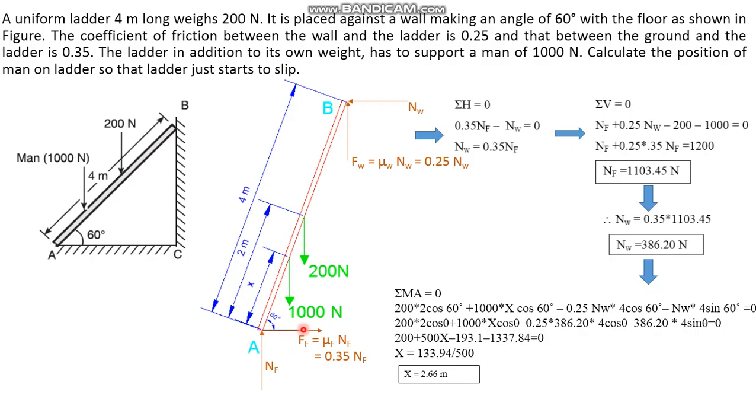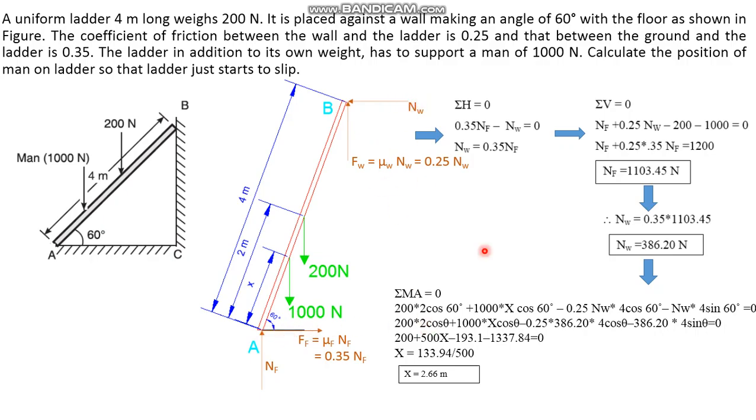This distance is 2 cos 60, since the ladder half-length is 2 meter. It produces clockwise moment, so positive. And with respect to the 1000, if the distance along the ladder is x, the horizontal distance will be x cos 60.